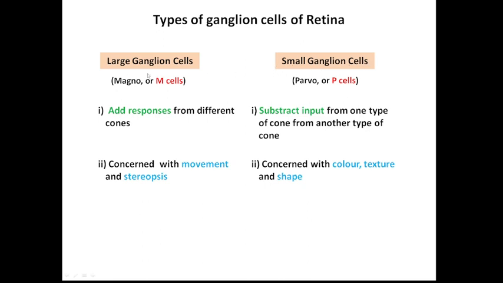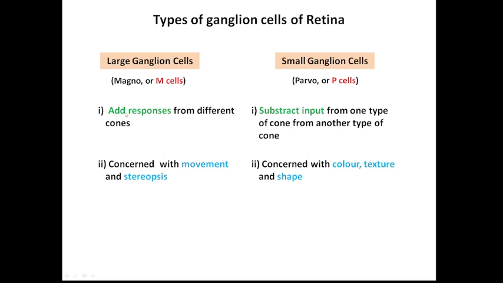The large ganglionic cells are called M cells, or magnocells, and the small ganglionic cells are called P cells, or parvo cells. The large cells add responses from the different cones, and the P cells are responsible for subtraction of the input from one type of cone from another type of cone.